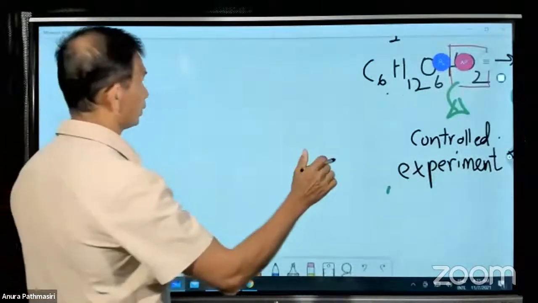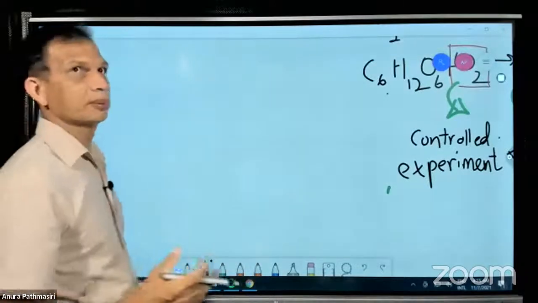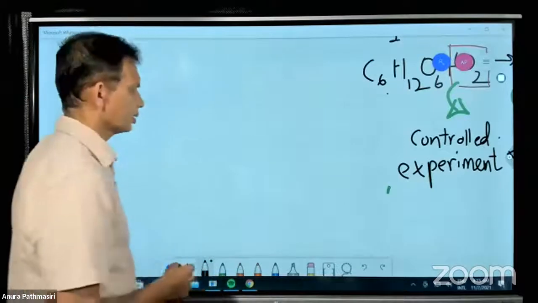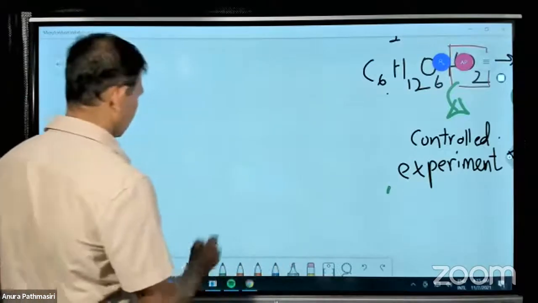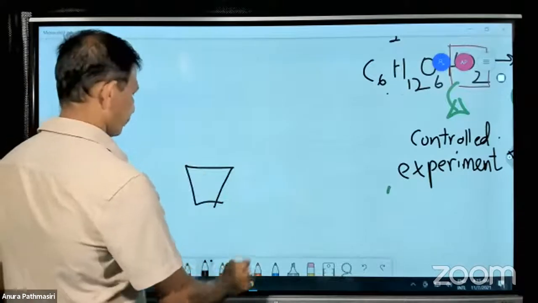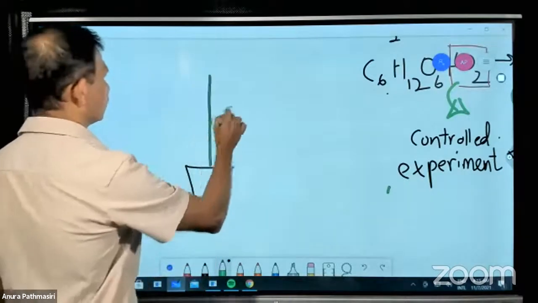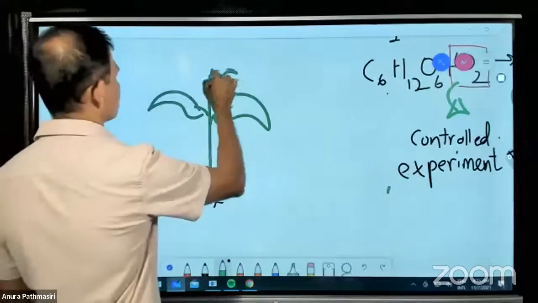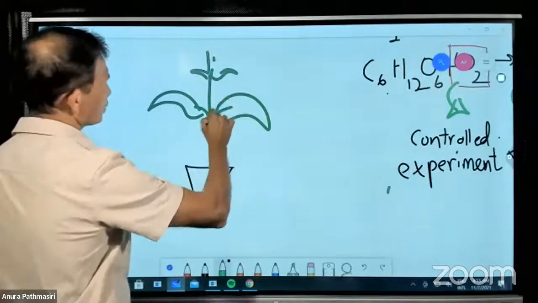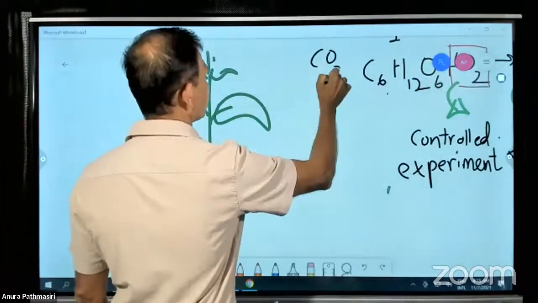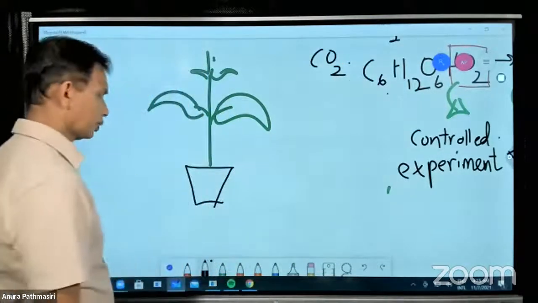If you can remember the requirement of carbon dioxide for photosynthesis, this is grade 11.1. There is a plant and it has leaves. We are going to see that carbon dioxide is required for photosynthesis.